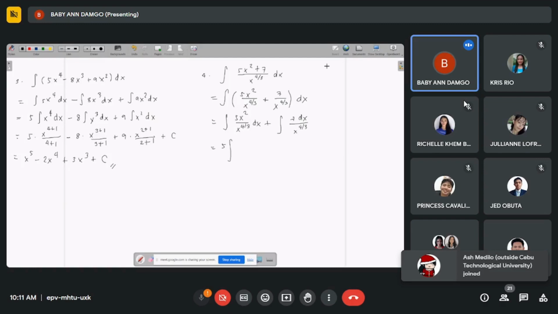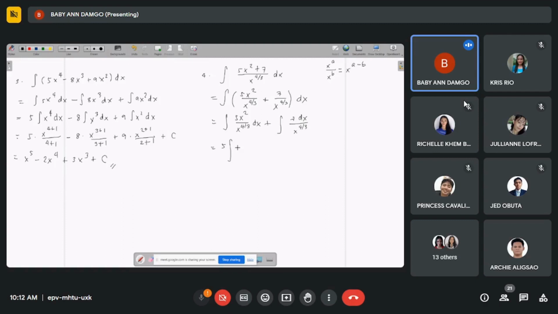So we have x squared minus 4 over 3 dx plus 7 integration of x to the power of negative 4 over 3 dx.